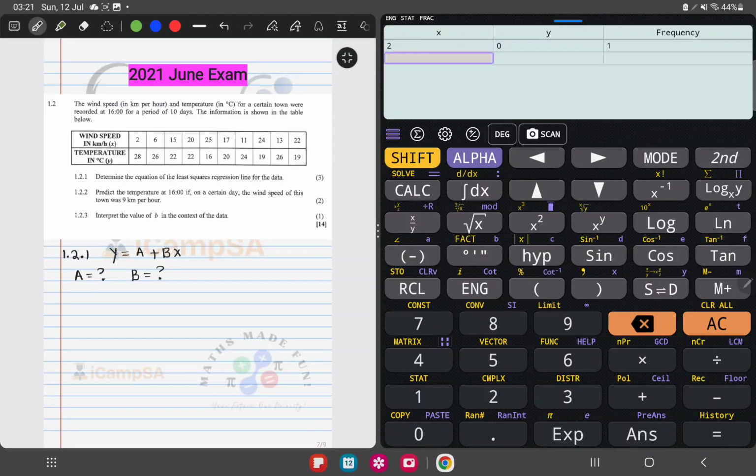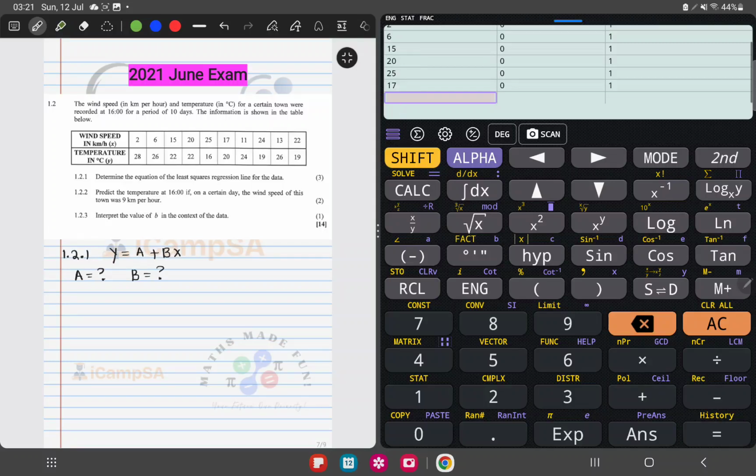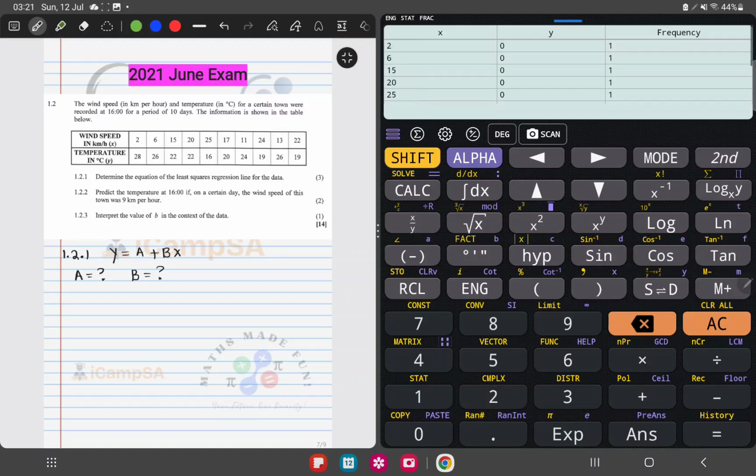So we have, if you look carefully, 2, 6, 15, 20, 25, 17, 11, 24, 13, and 22. Then we go up, we put the corresponding Y values.